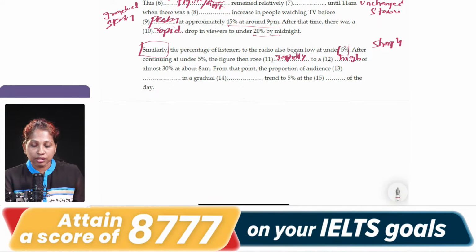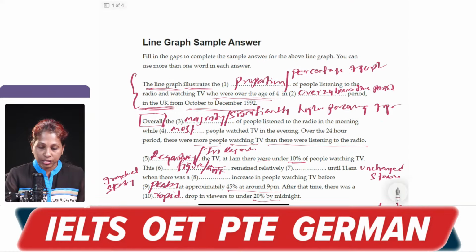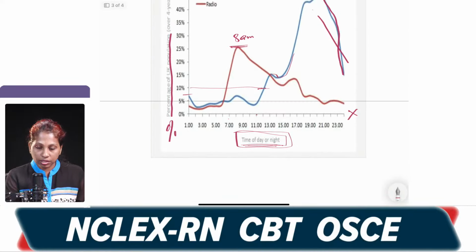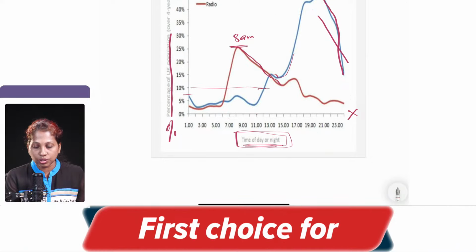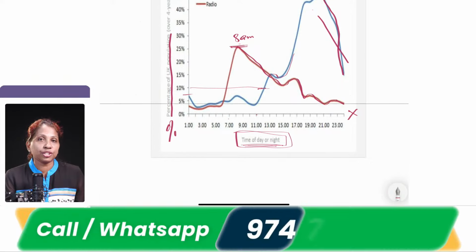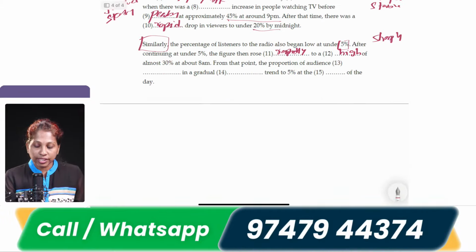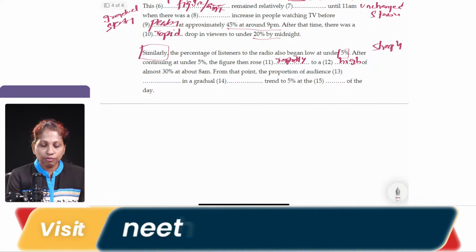From that point, the proportion of audience. Writing from that point means from here, 8 a.m. From this point again it's coming down, then it's going up, then it's coming down, then it's going up, like that. So it is called fluctuation or variations, right? So you can use the word: after that the proportion of audience fluctuated.